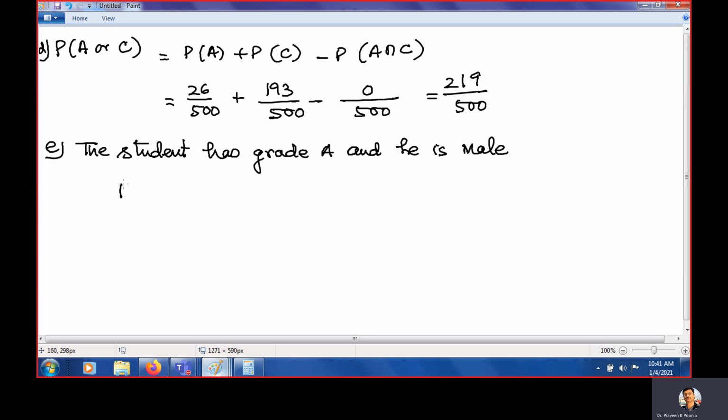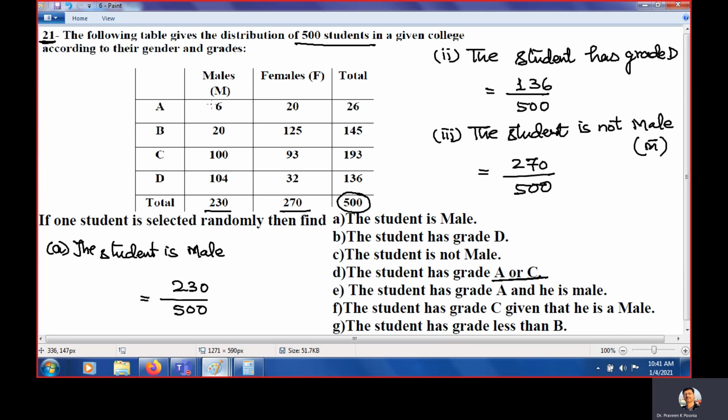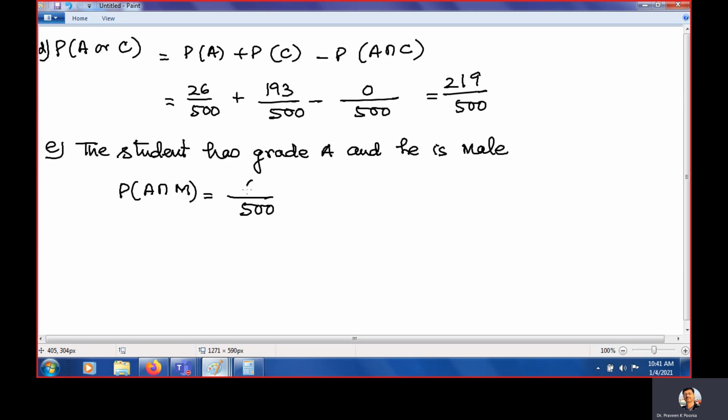That means you need to find probability of A intersection male. Probability of A intersection M. So denominator no change. It is 500. A and M common. This is A grade and this is male. So only 6 such students, those who have got the grade A and male also. So it is 6 upon 500.